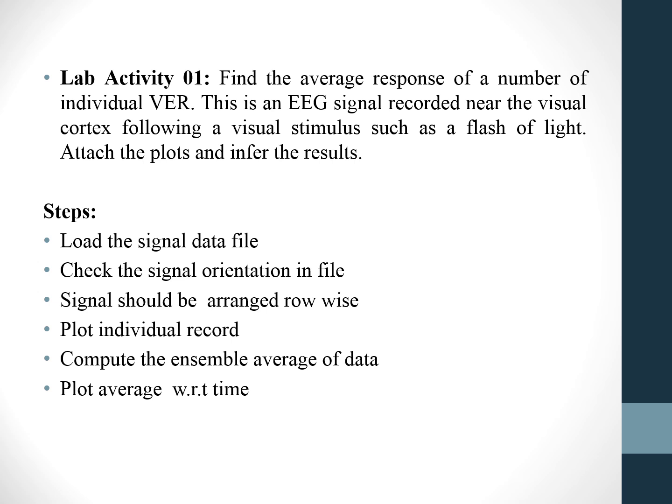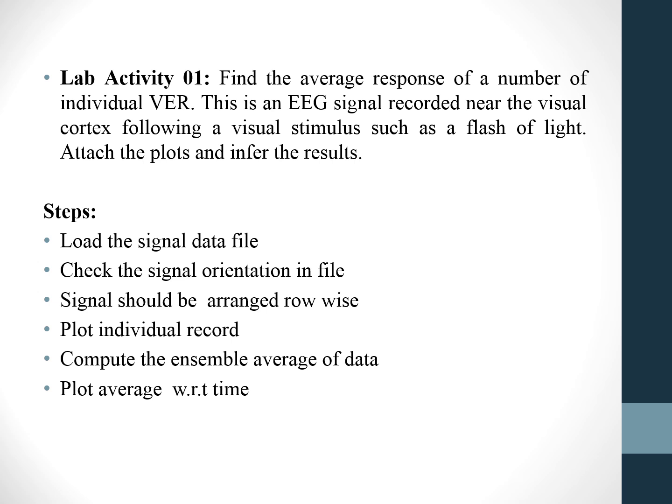So the first step to do this lab activity is to load the signal data file. Then you will check the signal orientation in the file. Remember, ensemble average is point by point averaging. So you have to check the signal orientation in your file. Signal should be arranged row-wise.